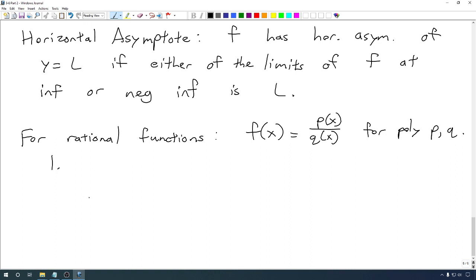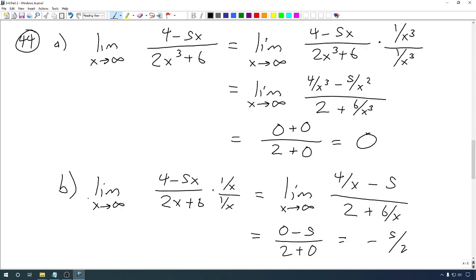These rules involve comparing the degree of the numerator versus the degree of the denominator. The key point when I divided by the highest power on top and bottom was what powers were left on the other one. If I have a higher power on the bottom, when I divide the top by that higher power, I was left with only fractions on top that had x's on the bottom, and those end up going to 0.